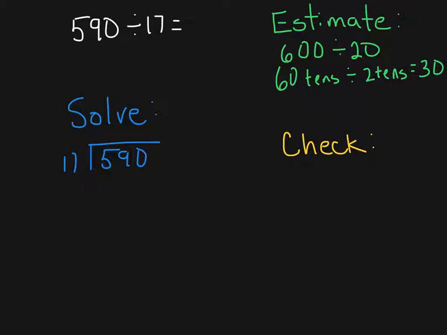I'm not going to write 3 and 0 down. I'm just going to put the 3 in the tens place to show that my first digit should be 3 tens. And then I'm going to multiply 3 times 17, and 3 times 17 is 51.